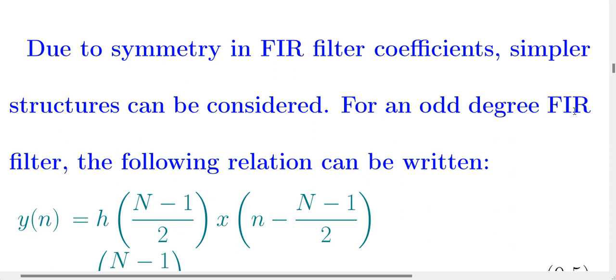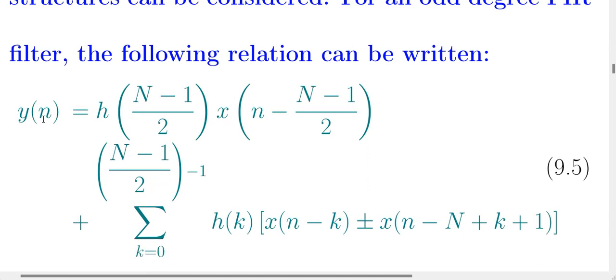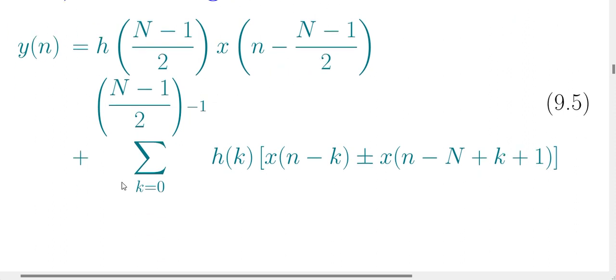For an odd degree FIR filter, the following relation can be written: y(n) equals h((N-1)/2) times x(n-(N-1)/2), plus the summation from k equals 0 up to (N-1)/2 minus 1 of h(k) times [x(n-k) plus or minus x(n-N+k+1)].